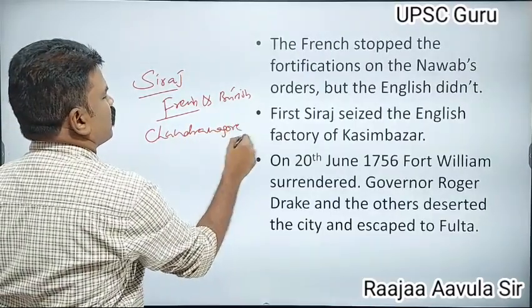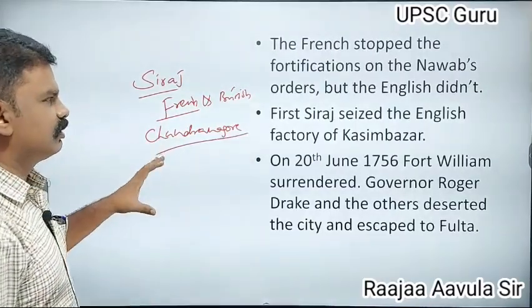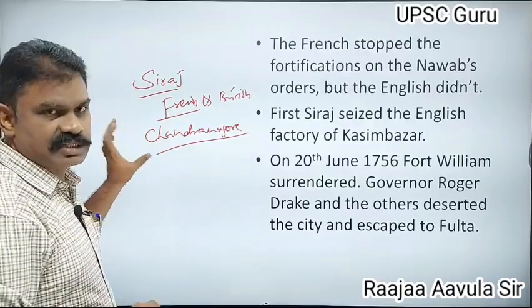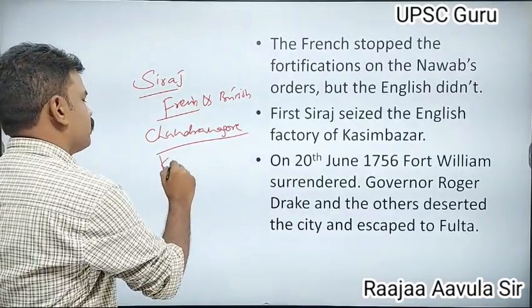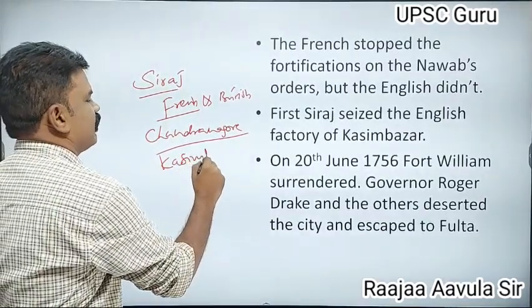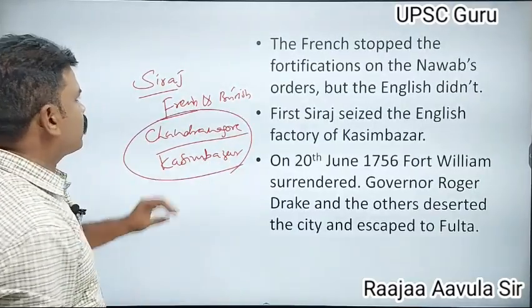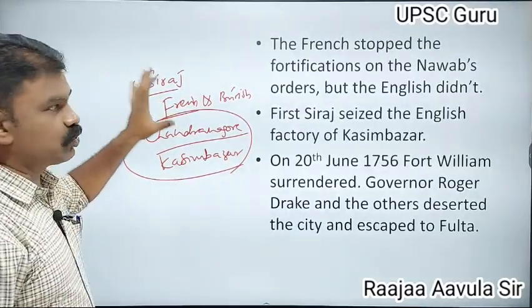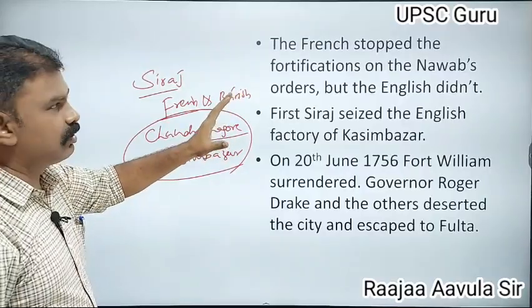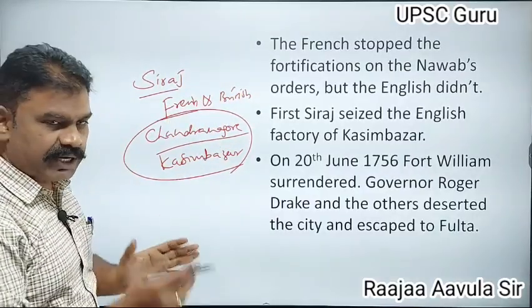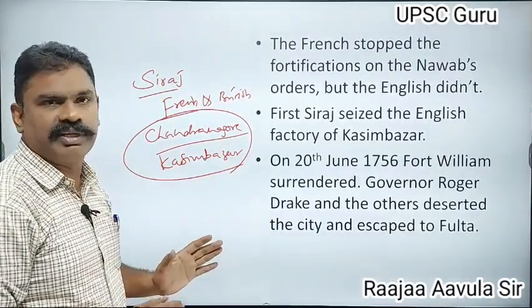Chandranagore was an important place of the French. Qasim Bazar and Chandranagore were the important places of the French East India Company in Bengal. Whenever Siraj-ud-Dawla ordered to stop the fortifications, the French stopped, but the English did not stop.